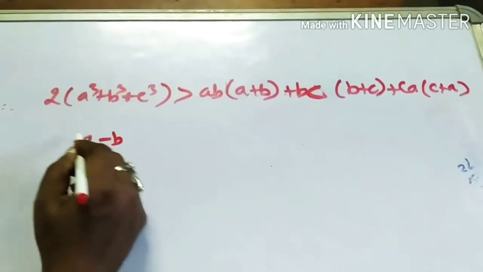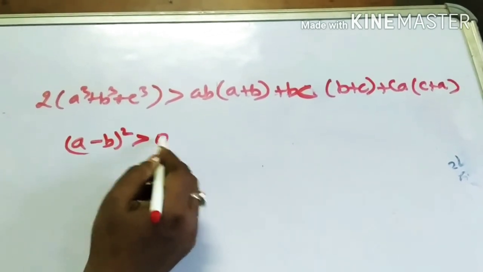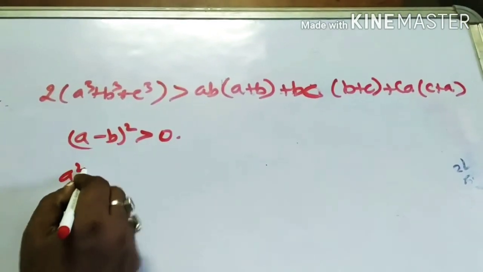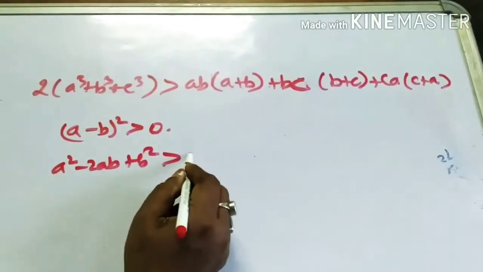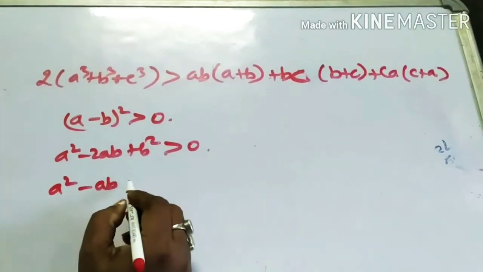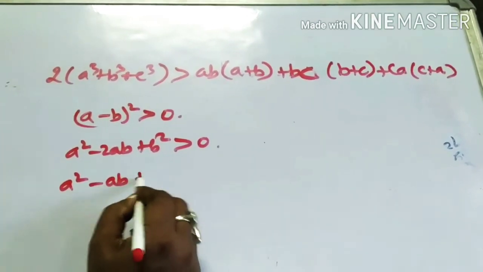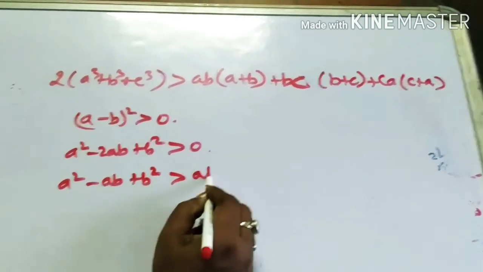(A minus B) the whole square is greater than 0. So A square minus 2AB plus B square is greater than 0. So A square minus AB plus B square is greater than AB.